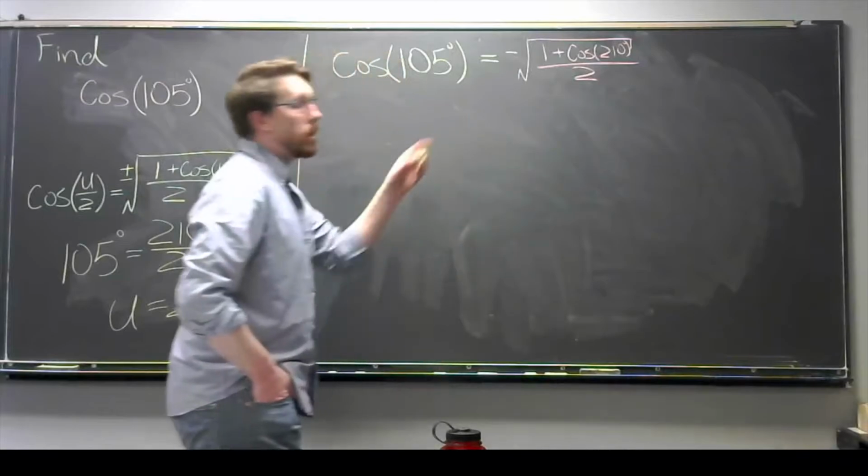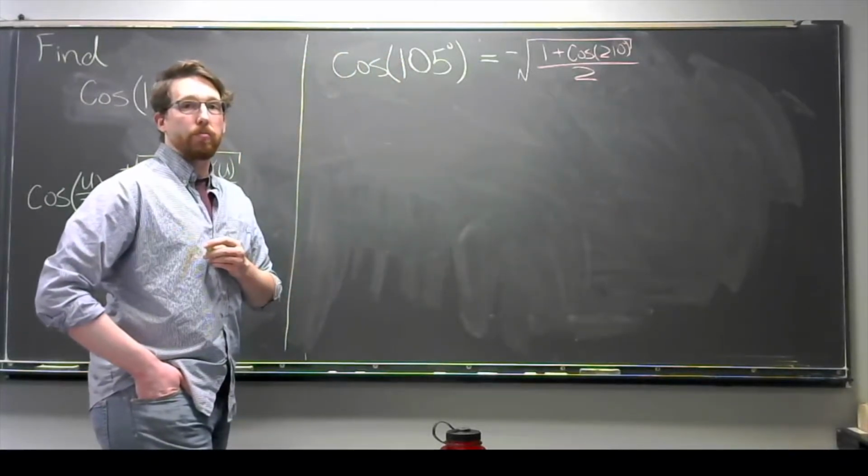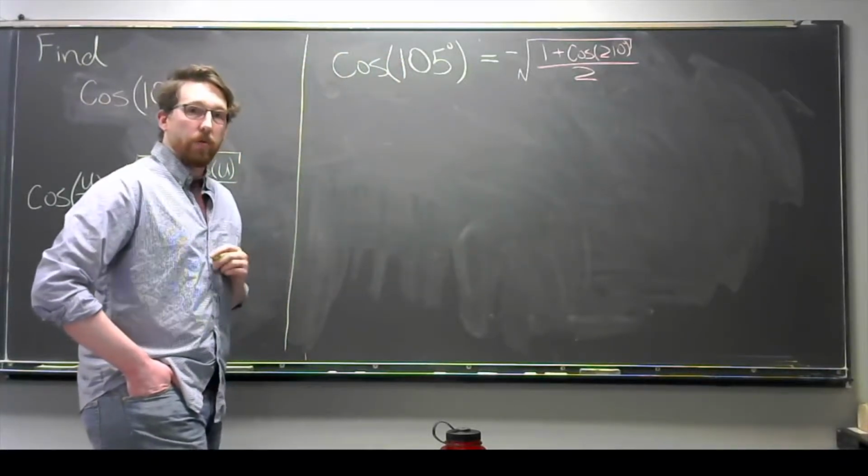Now we know what the cosine of 210 degrees is. It's negative square root of 3 over 2.